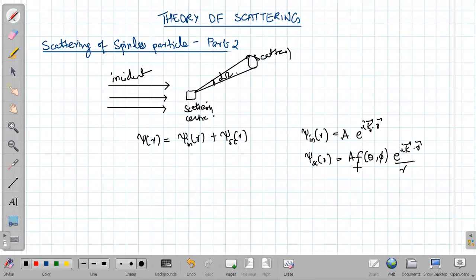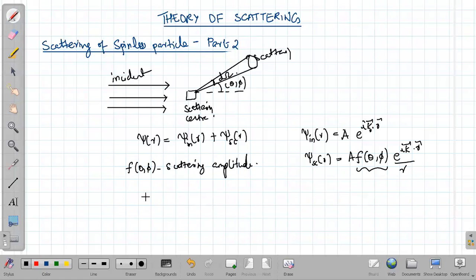And here we introduce a new function f of theta phi. Okay, so this f of theta phi is called the scattering amplitude.